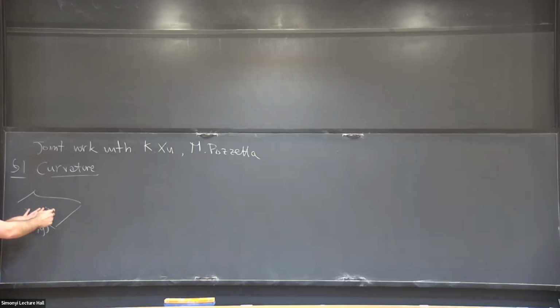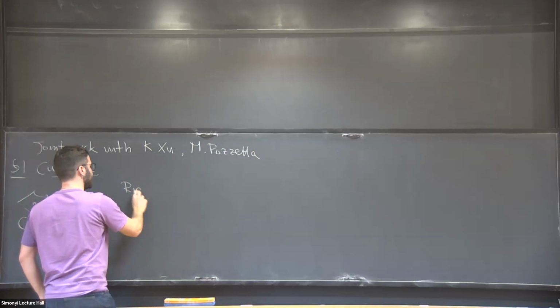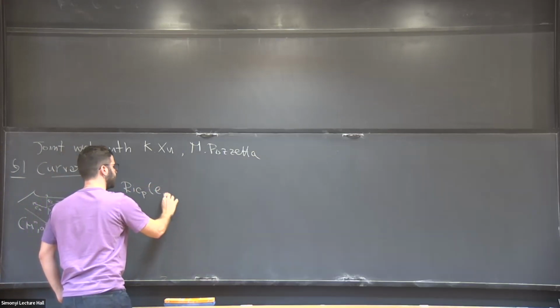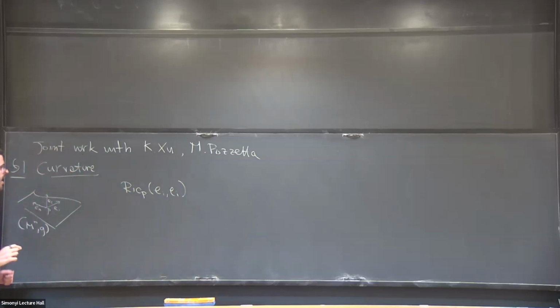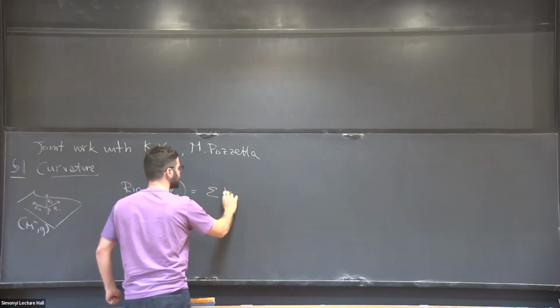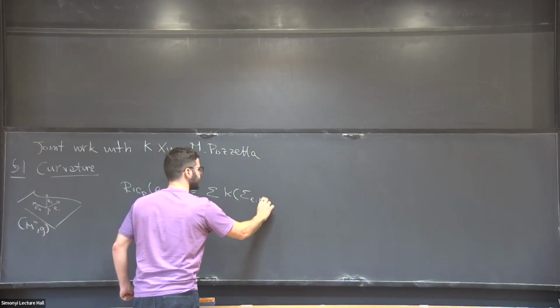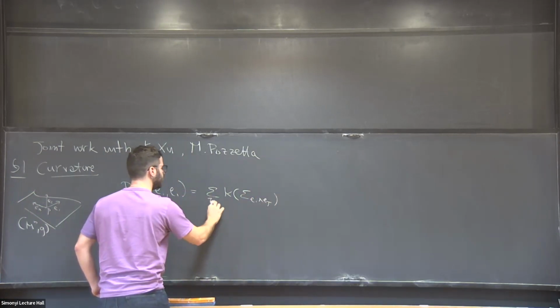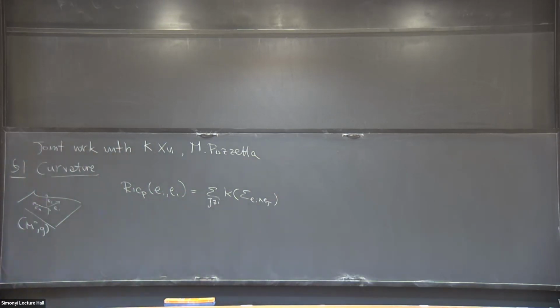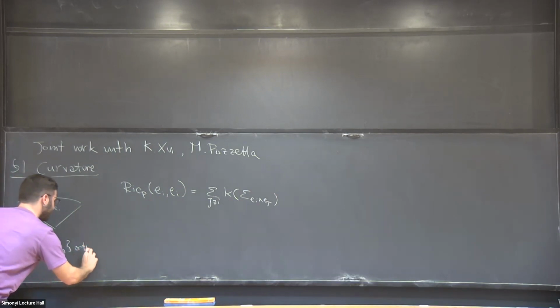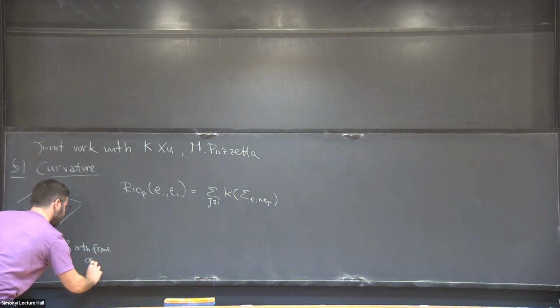So what is Ricci curvature? Ricci is a symmetric tensor on the tangent space. Let's fix an orthonormal basis e_1, e_2, ..., e_n in the tangent space, and Ricci at the point p in the direction e_i is the sum of the sectional curvatures of the surfaces spanned by the two-planes containing e_i. This is an orthonormal frame around p.